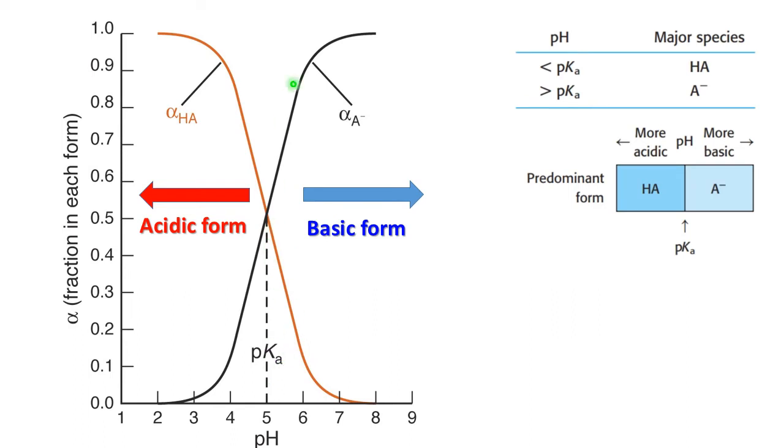At pH above 5, you'll have the basic form predominant. At pH below 5, you'll have the acidic form. And you remember that at 1 unit of pH you'll have 10 to 90, and at 2 units of pH you'll have 1 to 99. And the same from this side.